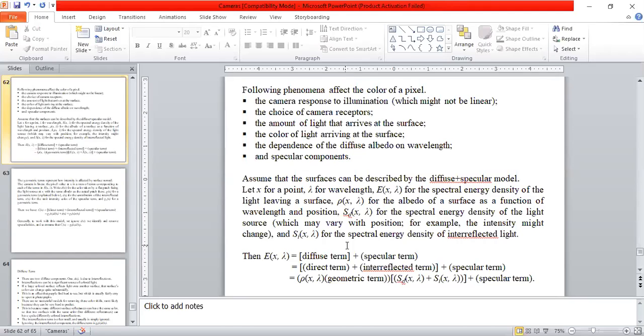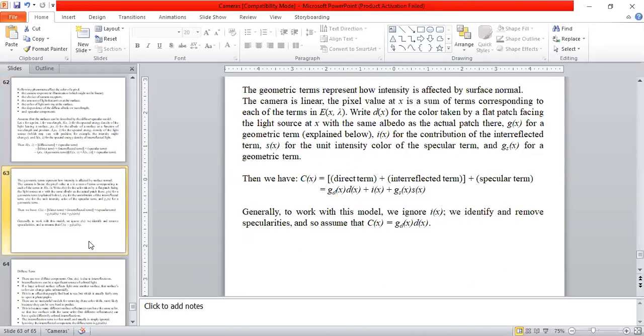SD is nothing but the spectral energy density of the light source. Next we'll be expanding all of this, diffuse direct, plus interreflected, and the specular term, one by one, and then we'll be looking into it.